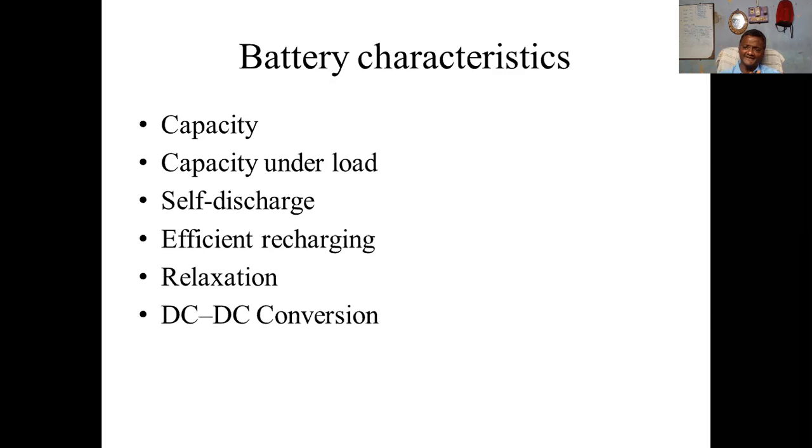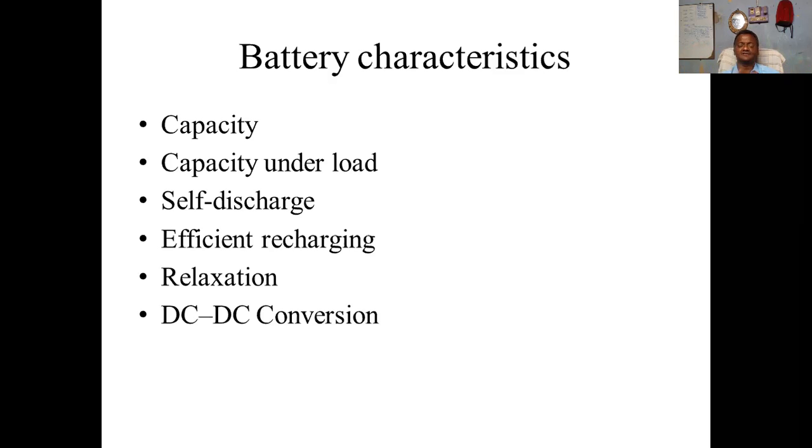But the main drawback is that the consumption is very fast, because all the energy is converted into the required voltage. So DC-DC conversion can be utilized, but the power consumption is very fast.